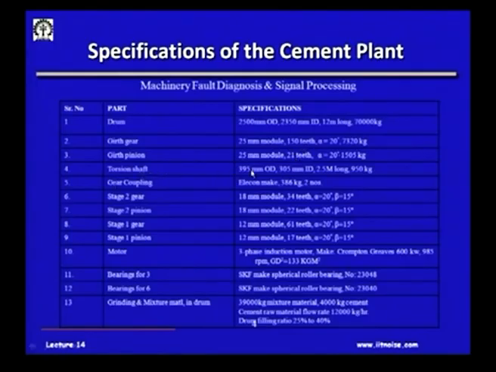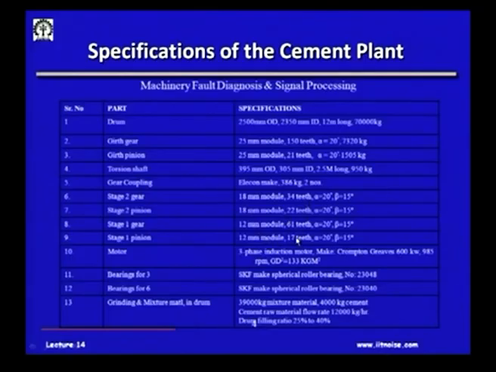The torsion shaft has an OD of 395. There are a couple of gear couplings, and in this gearbox there is a pinion, gear, and all these different modules are there, and the number of teeth are also mentioned here.